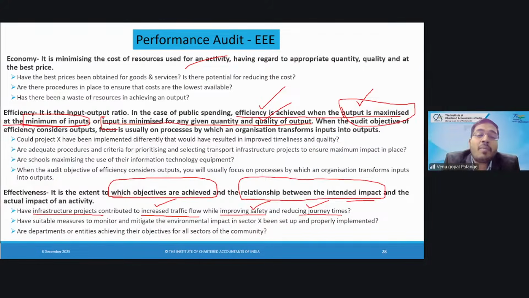So that law compliance is also considered as part of economy or efficiency or effectiveness. Clear, everyone? So this is economy, efficiency and effectiveness, what you will do in performance audit. Now, if someone asks you the differences between financial audit, compliance audit and performance audit, you are in a position to write the answer, yes or no?